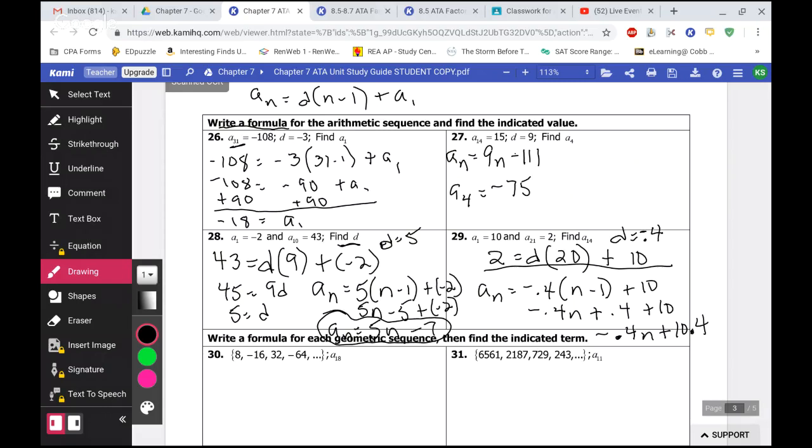Okay. And so then you'll just plug in a 14 into where there's an n. I'm going to go up here. And that's a negative 0.4.